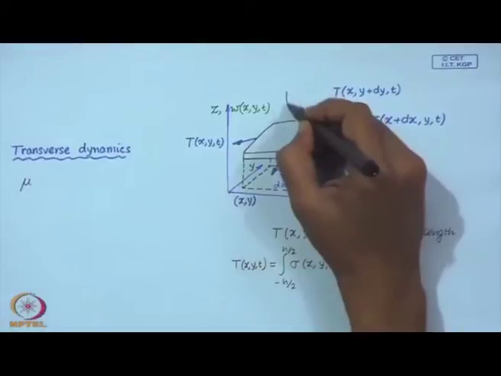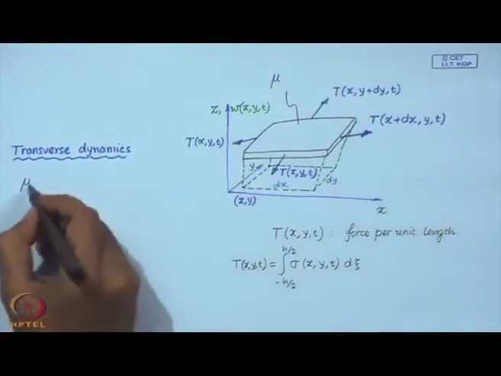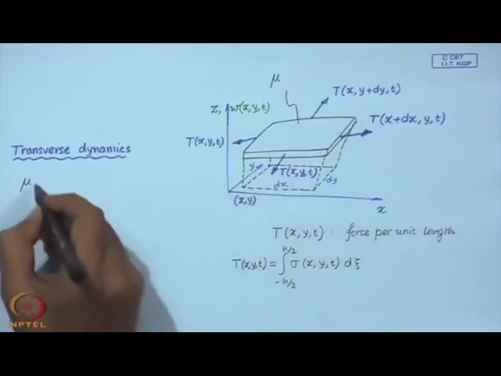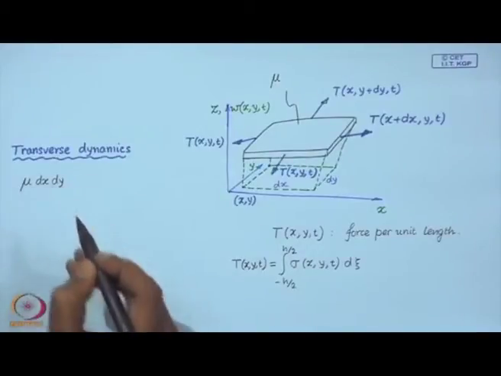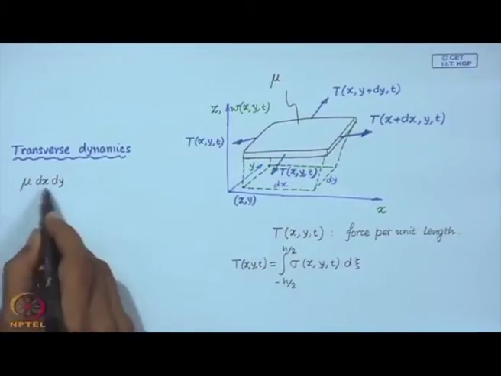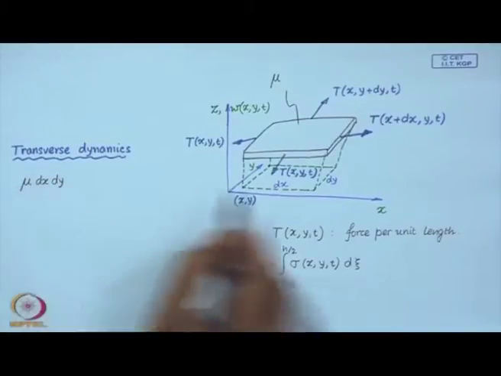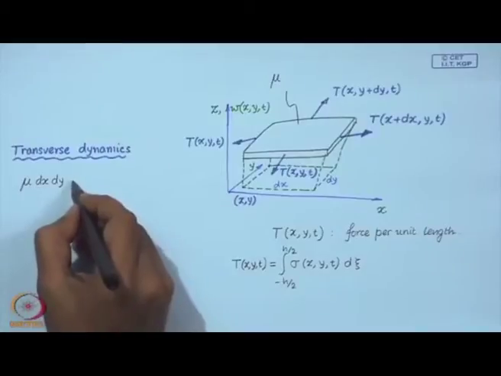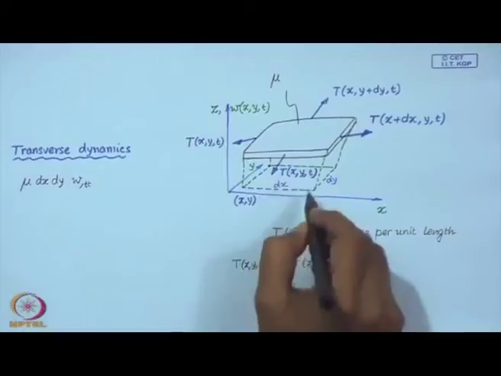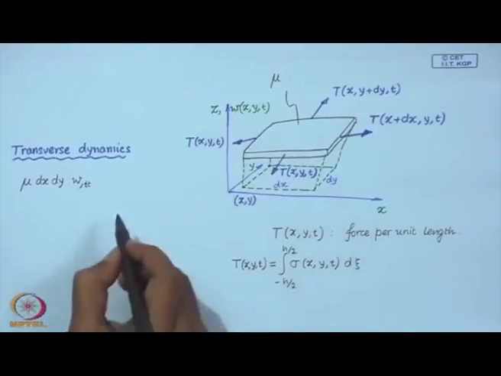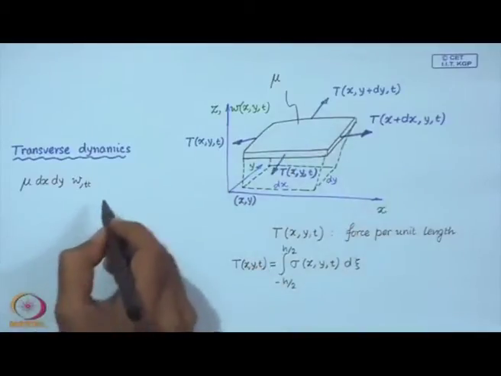So, the mass of this element may be written as mu times dx into dy. That is the mass of this little element times the acceleration in the transverse direction, and that must be equal to the net force in the transverse direction.